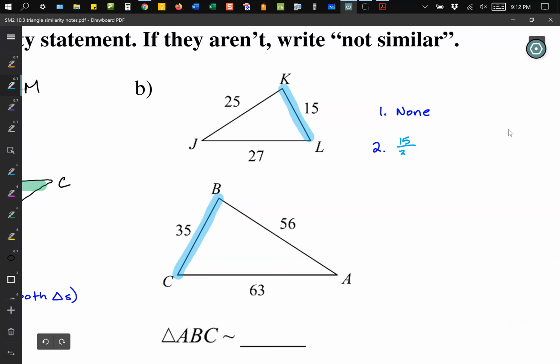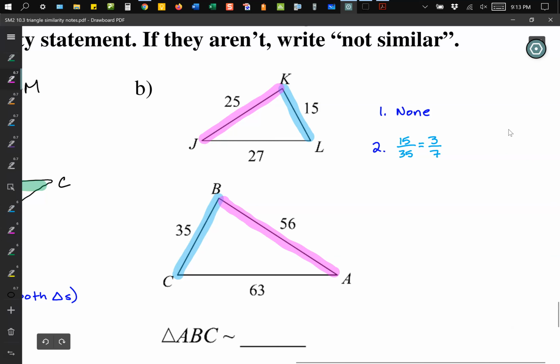15 over 35. Those can be divided by 5, and that gives me 3/7. Middle over middle: 25 over 56.